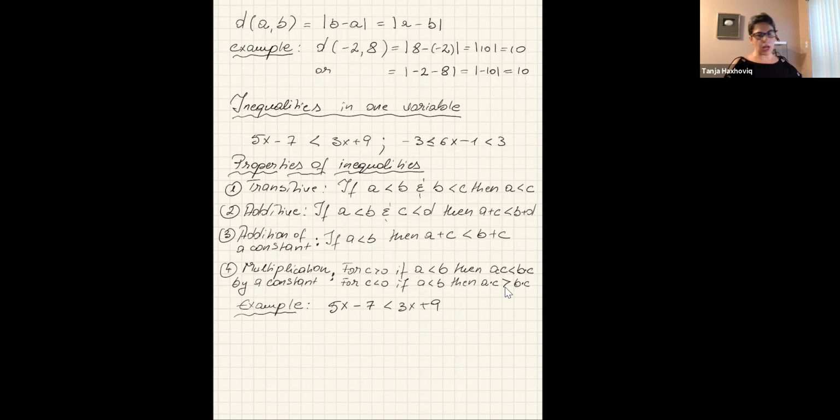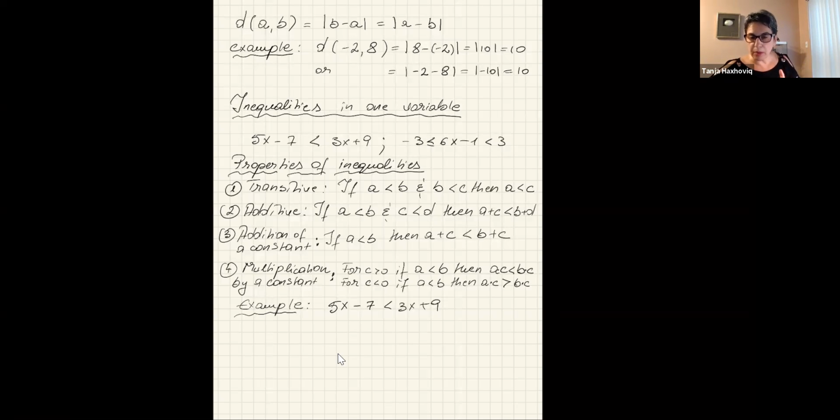How do you solve this inequality using the properties that I just listed? Much like solving an equation, you'll do more or less the same things here. Typically we move all the terms that contain the variable to one side and everything else to the other side.